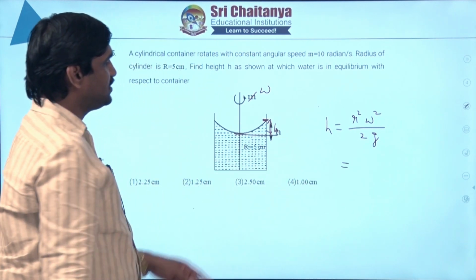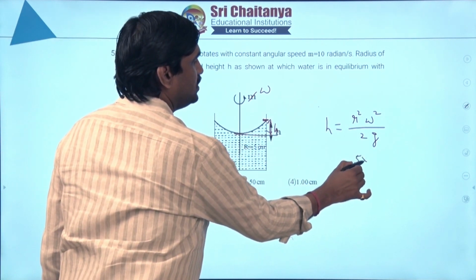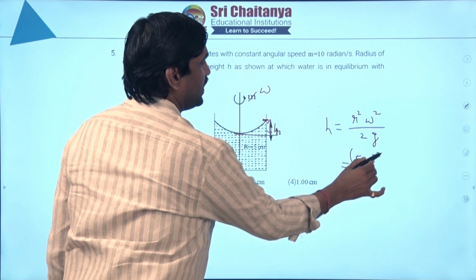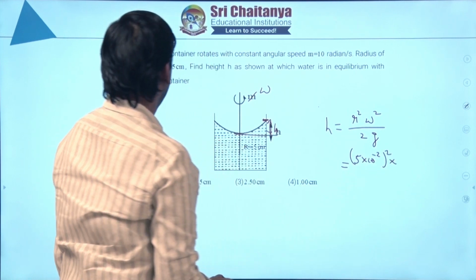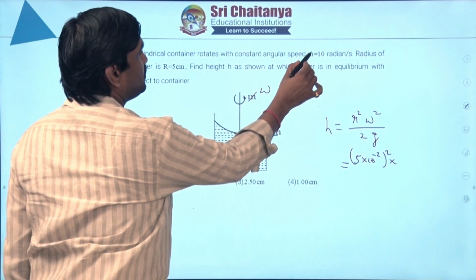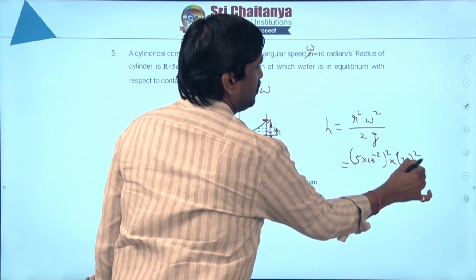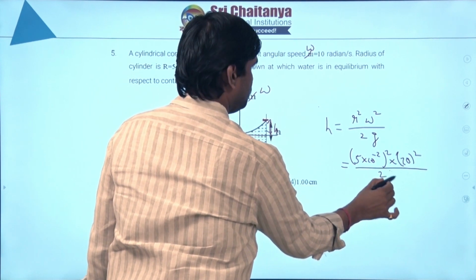Here, radius of the container is 5 centimeter, that is (5 into 10 to the power minus 2) whole square into omega square. Given omega is equal to 10 radians per second, by 2 into 10.